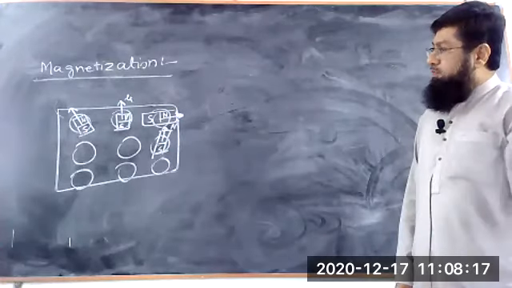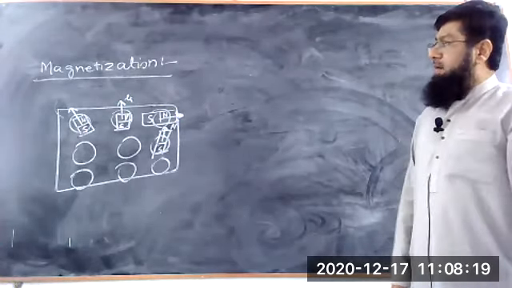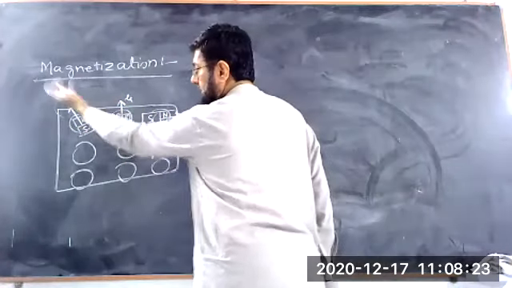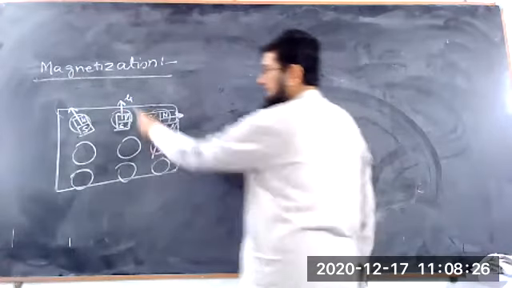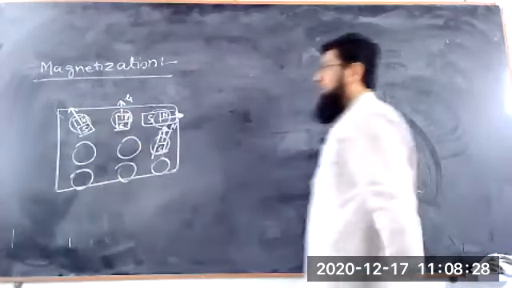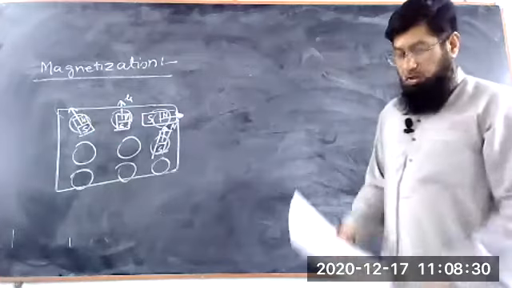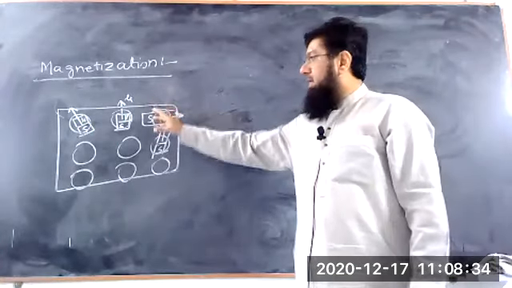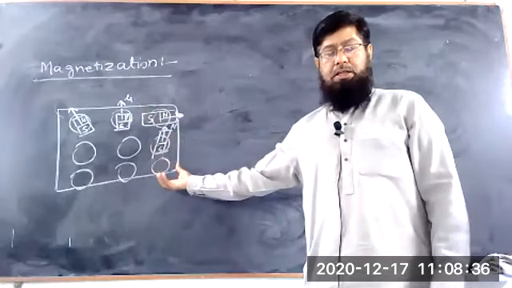Now, these tiny magnets, whose magnetic fields are oriented in different directions, as a resultant will cancel out the effect of each other. So the resultant magnetic field is zero because they are randomly oriented.